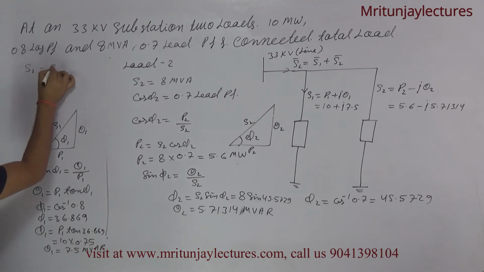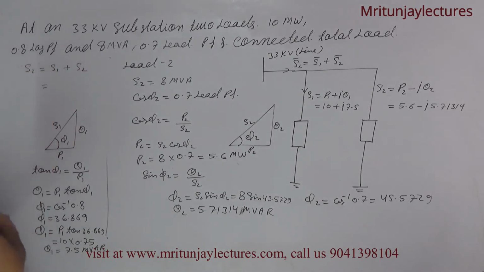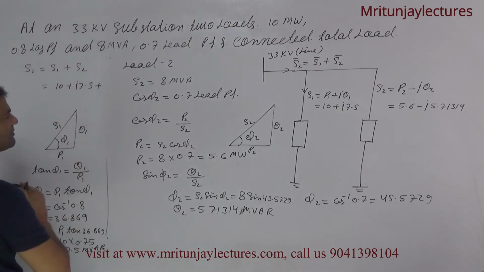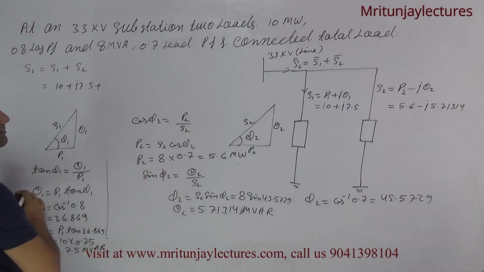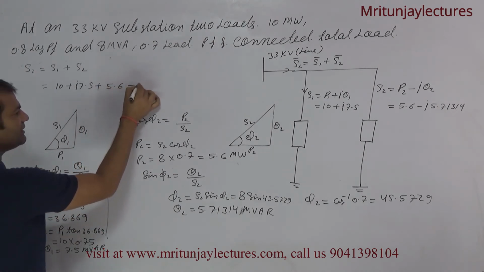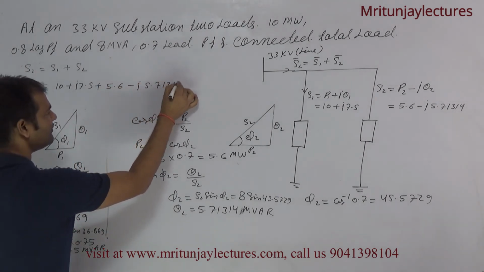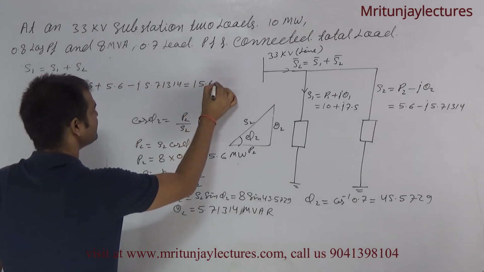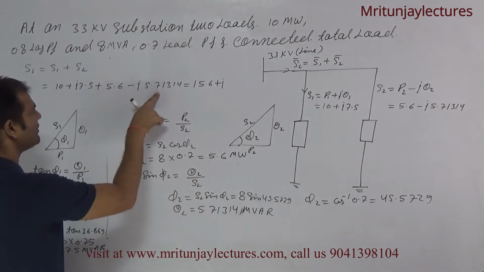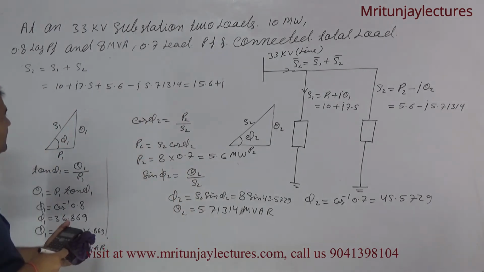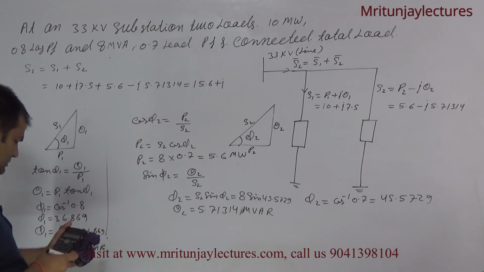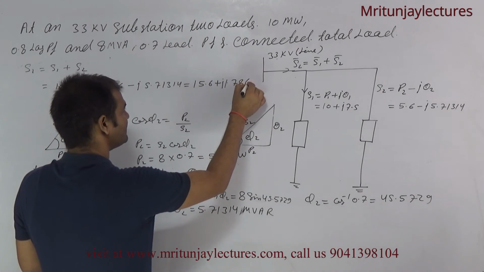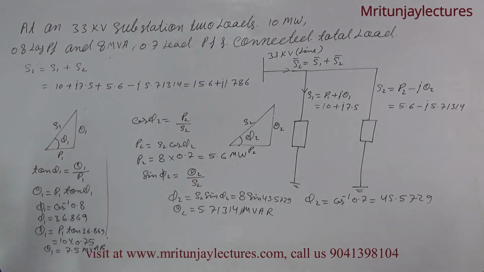SL is equal to S1 plus S2, which means 10 plus j 7.5 plus 5.6 minus j 5.71314. Finally we got 15.6 plus j 1.786.